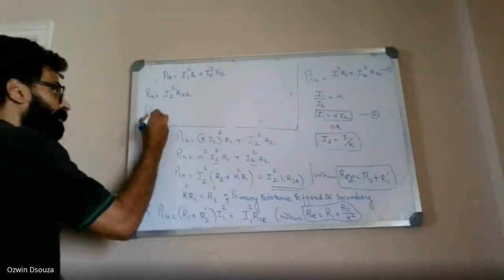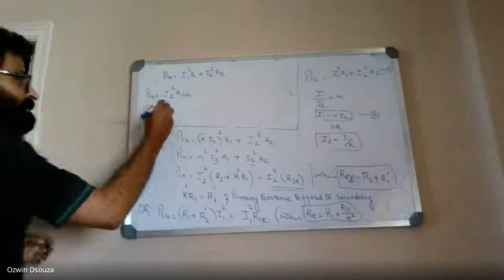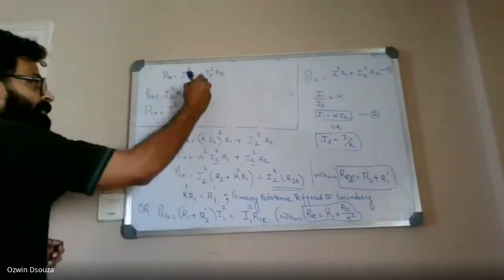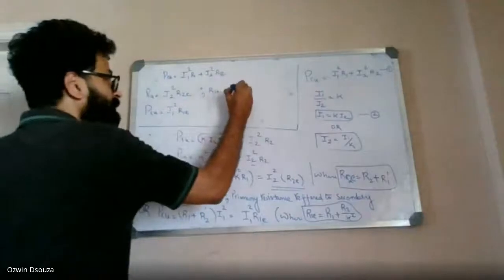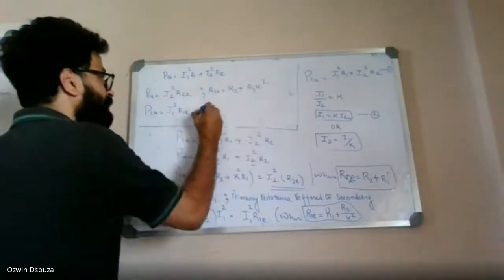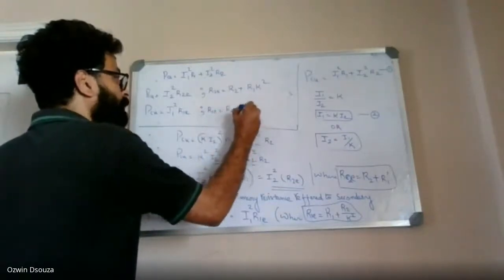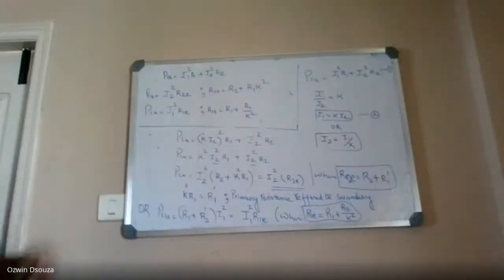Or you can also refer the copper loss totally onto the primary side, which can be written as I1 square into R1E, where R2E, we had seen that it is R2 plus R1 into K square. On the other hand, R1E is R1 plus R2 divided by K square. All right. So this is how you can find the copper losses.